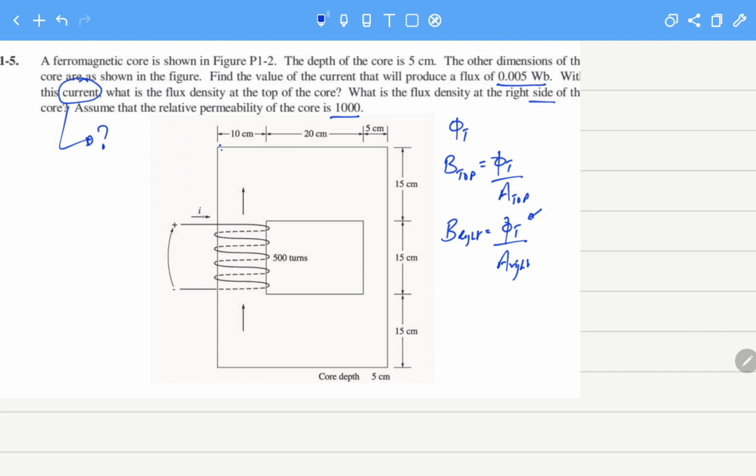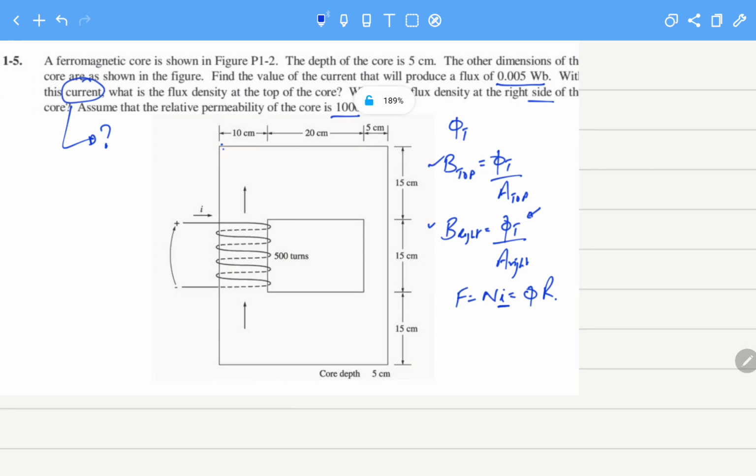So if we know the total flux, that is already given, and if we know the total reluctance that we calculate, then from this equation we can easily calculate I, and once we know the I, we can solve our first part, and the second part will be solved like this.